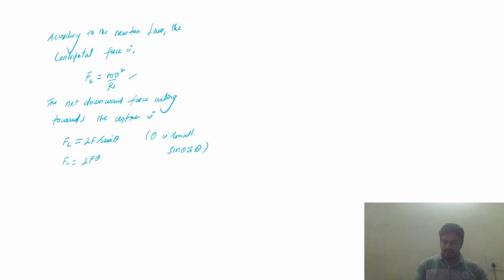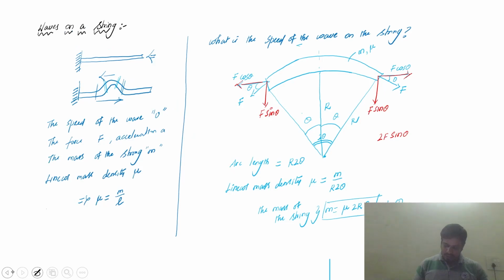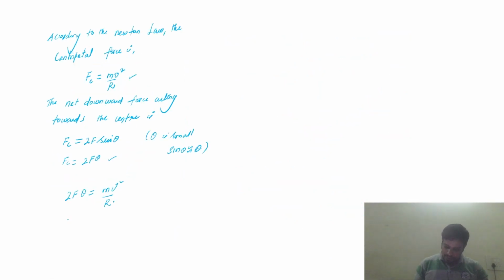So there is the Newton force and there is the tension force. These two are equivalent when the wave is forming on the string. Equating these two, 2F theta equals m v square by r. We already derived the mass of the small portion from equation 1: mu times 2r theta. So 2F theta equals mu times 2r theta, the mass of the small portion, times v square by r.